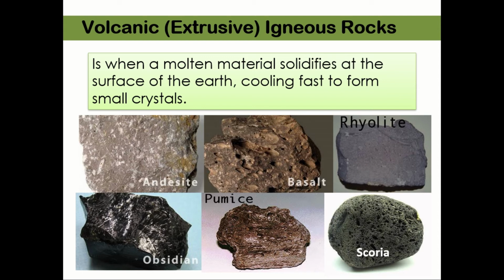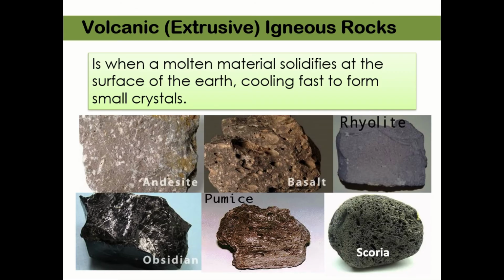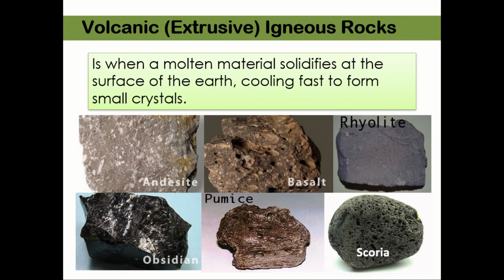The lava that was extruded on the surface of the Earth cools down and solidifies, forming these extrusive or volcanic igneous rocks. So those are the two types of igneous rocks: the intrusive or plutonic igneous rocks and the volcanic or extrusive igneous rocks.